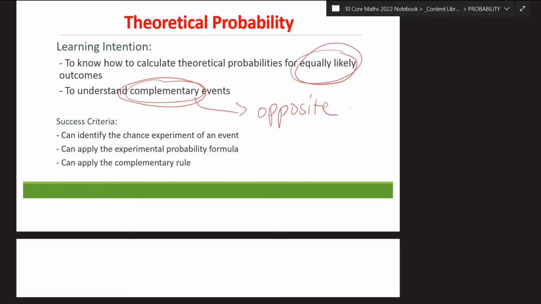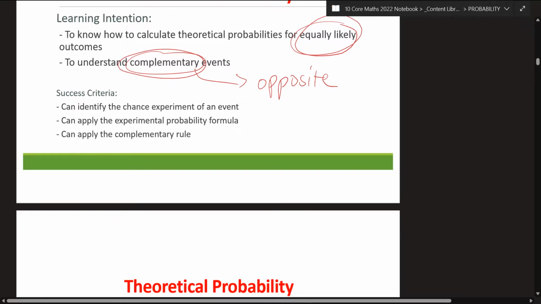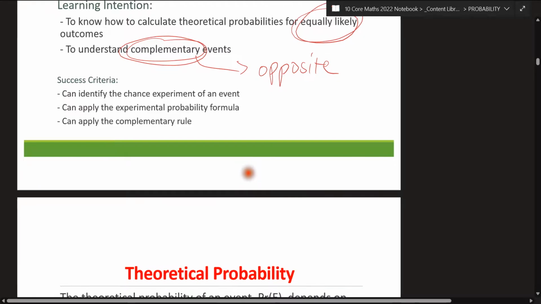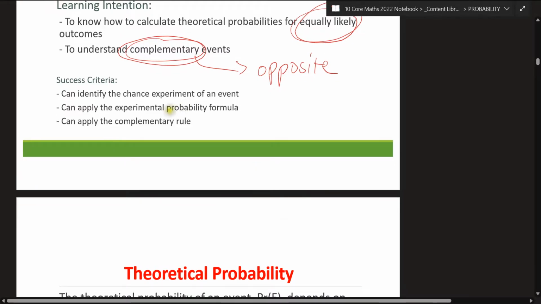So complementary just means the opposite of that event. Opposite of winning, losing. Opposite of yes is no. So based on this, what I want you to be able to understand is what a chance experiment is, apply that experiment using the formula we learned about just then, and then apply this complementary rule, which we'll get into.